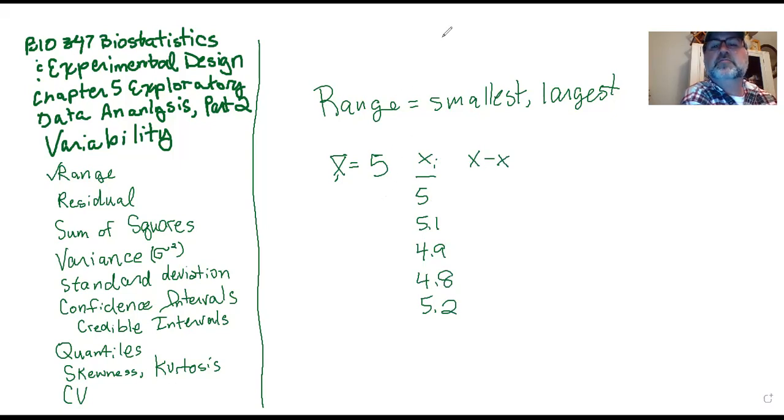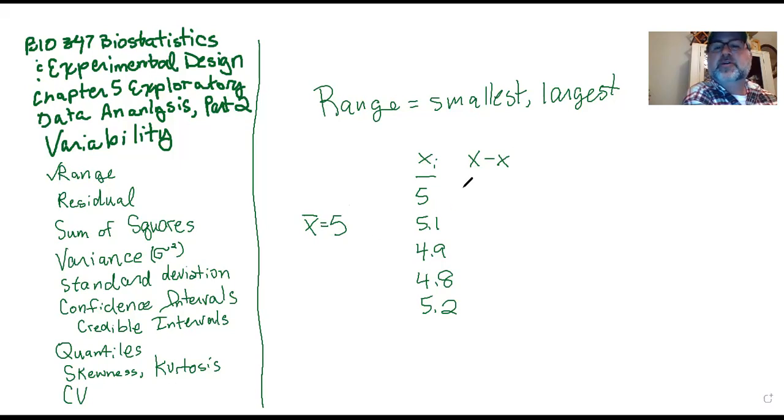So actually, let me put this here. The question is, is it the mean minus the observation, or the observation minus the mean? Here's how I remember it. If an observation is larger, then it's more positive, so our number should be more positive. So it's above the mean. If a number is below average, it should be negative.